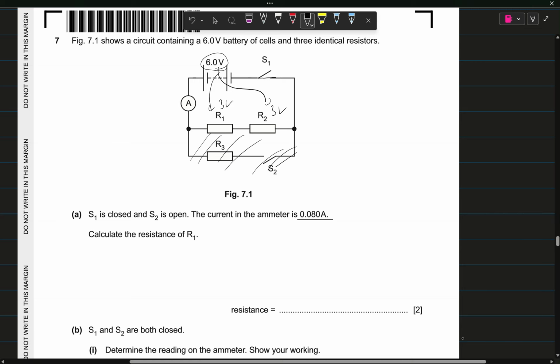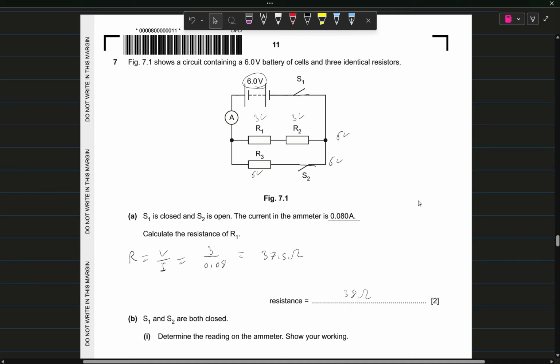So to get our resistance R, that will be voltage over the current, which is I. So the voltage will be 3 over the current being 0.08. Okay, keep like that. And the answer should be 37.5 ohms. To the significant figures, that will be 38 ohms.